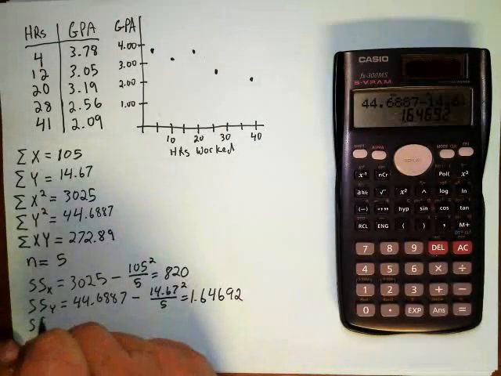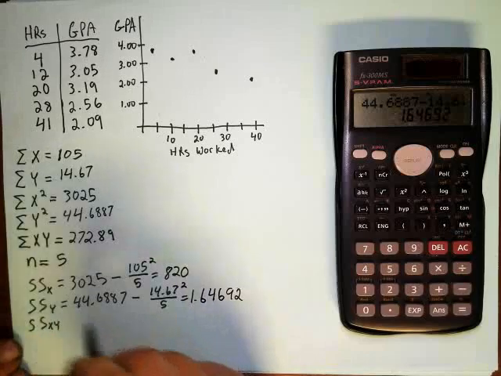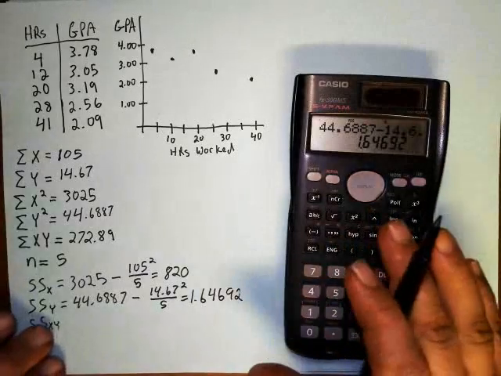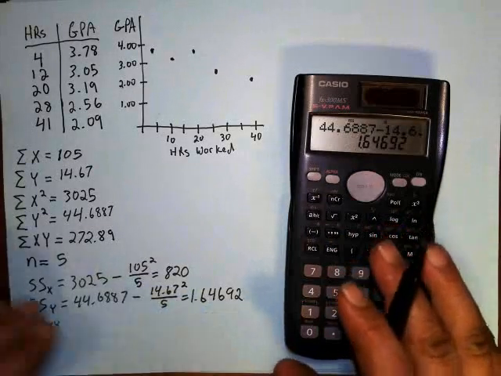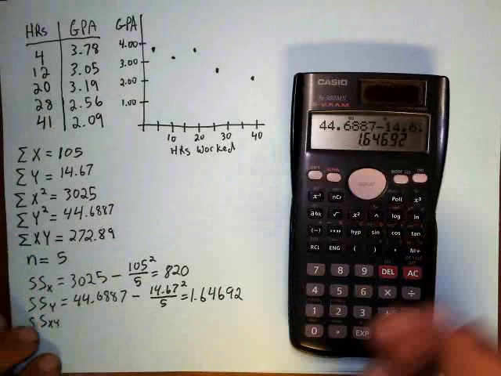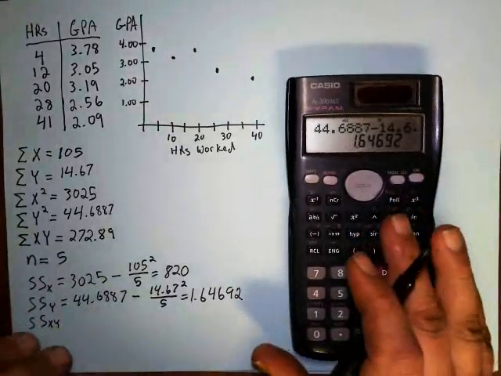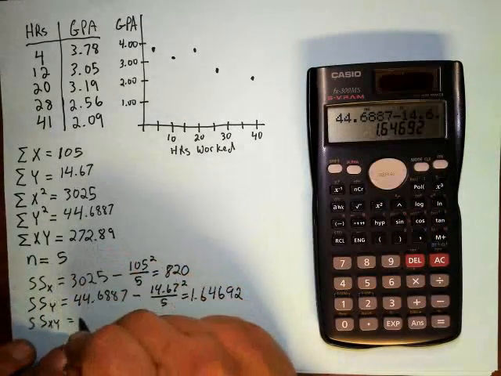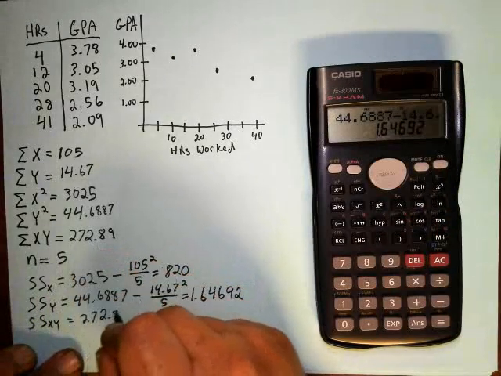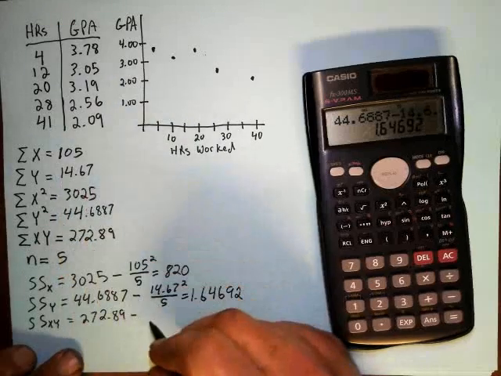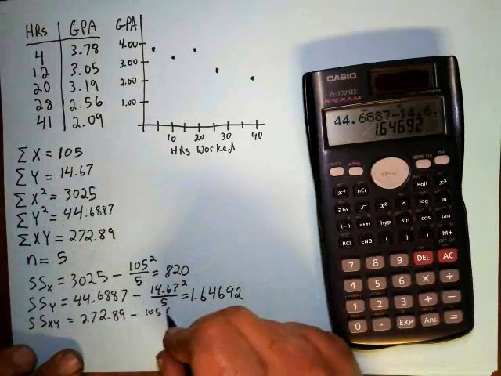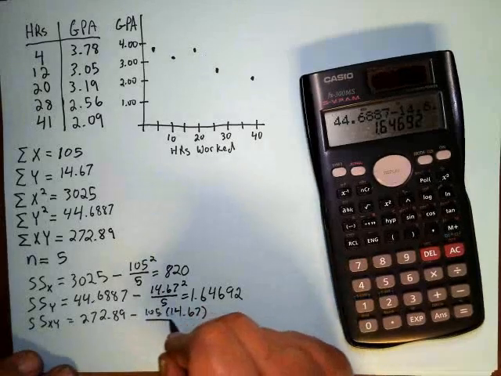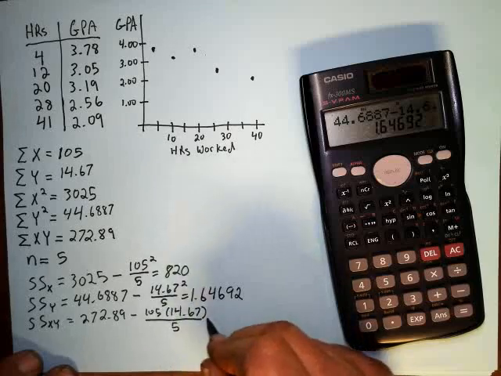And then SSxy. If you do have to round these, I would round to at least 4 decimal places. But in this case, I'm going to keep all the decimal places since there's only 5. SSxy is the sum of x times y, so that's 272.89, minus the sum of x, 105, times the sum of y, 14.67, all that divided by 5.